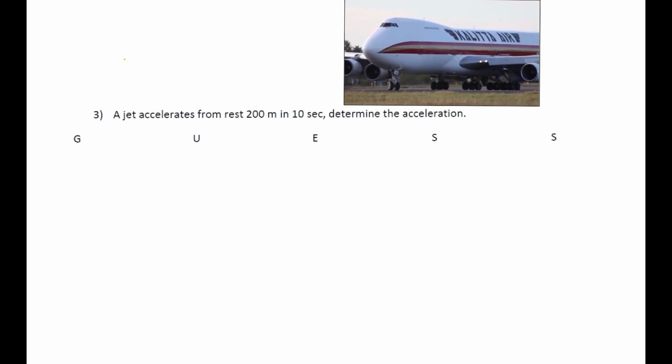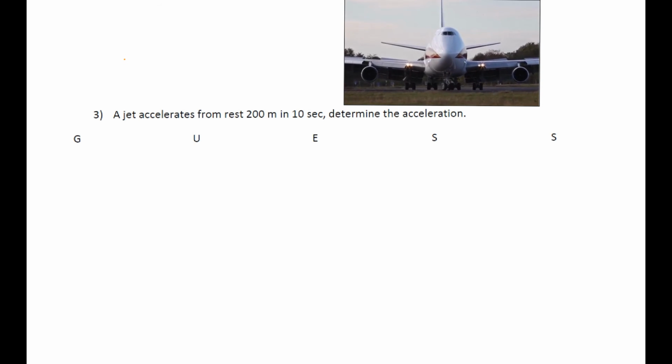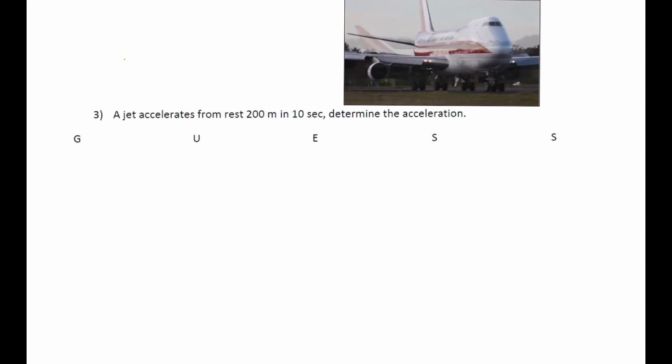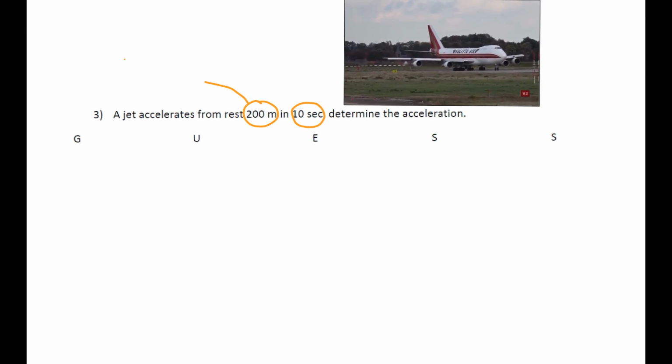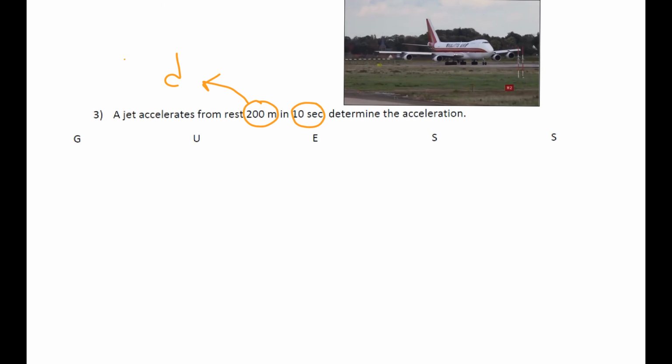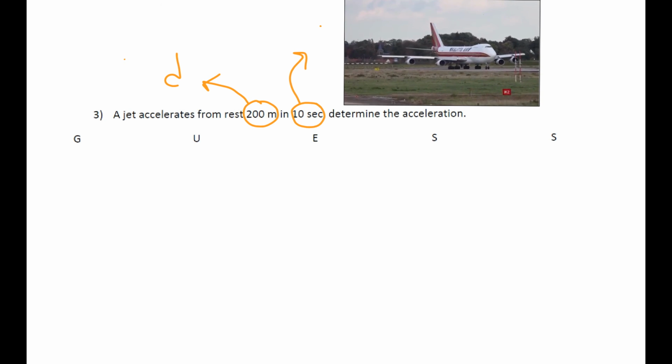The last problem I'm going to do with you is with this jet, and a jet accelerates from rest a distance of 200 meters in 10 seconds. Determine the acceleration. So all I'm going to do is help you find the unknown, and again we have 200 meters here, and we have 10 seconds here, and 200 is going to be with our distance, and 10 seconds will be with our time.